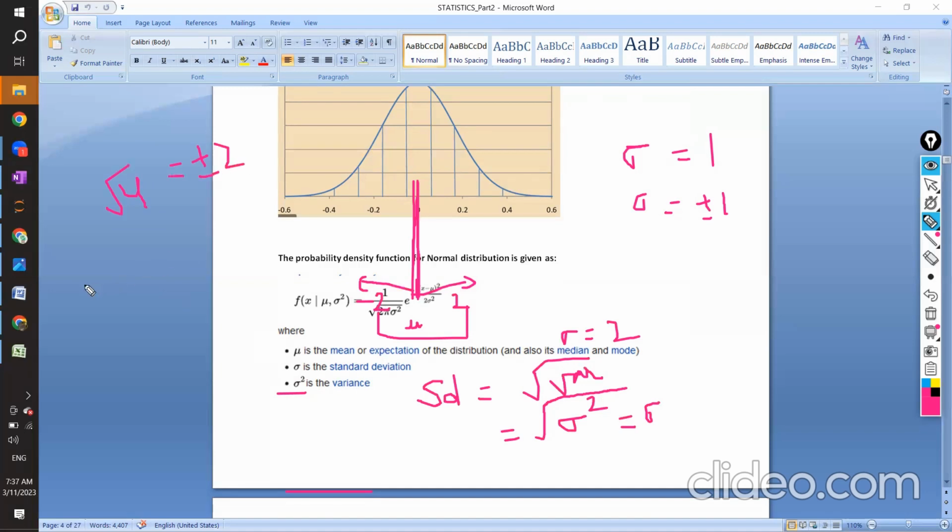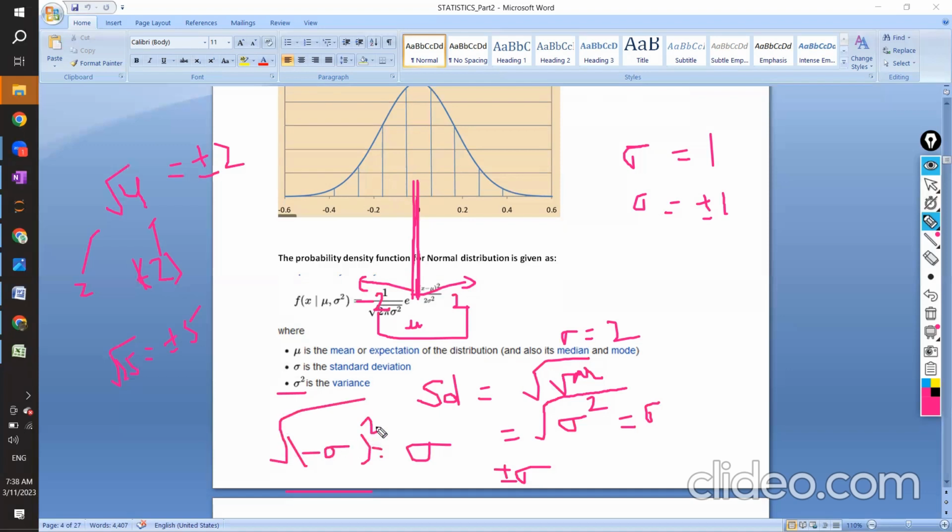Because plus 2 squared is also 4, and minus 2 squared is also 4. Similarly, the square root of 25 is plus or minus 5. Similarly, when you take the square root of variance, it is plus or minus rho, because plus rho squared is rho square and minus rho squared is also rho square.